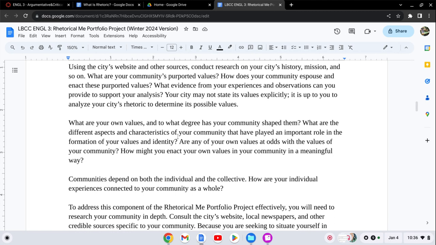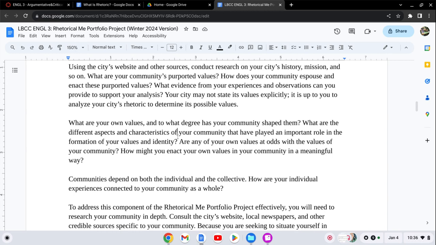How has your community and the different aspects of your community shaped you? Obviously your family may play a big role, because most of us grew up around our family within the community, right? So there's that sense, but also look outward as well, not just within the home or just within the family. How have your values been shaped by your community?